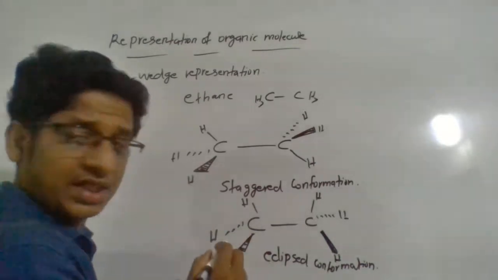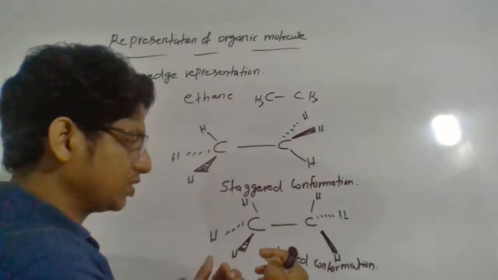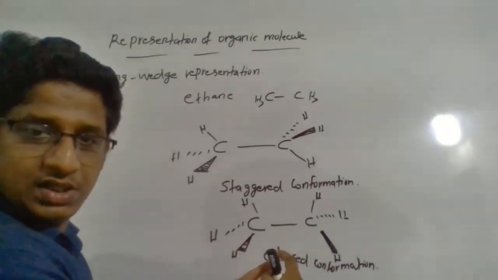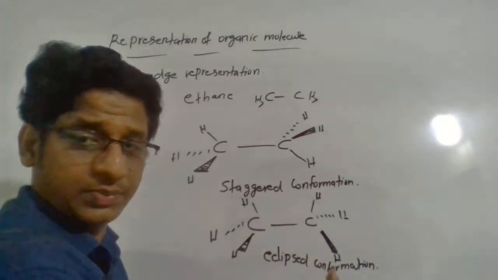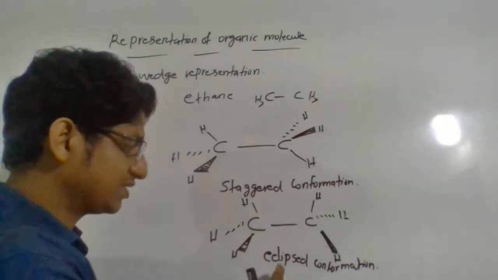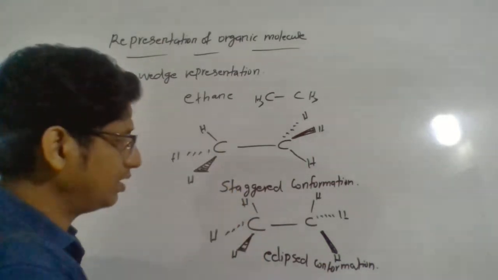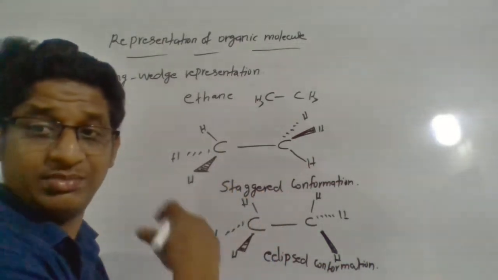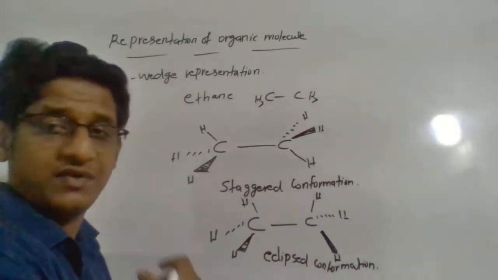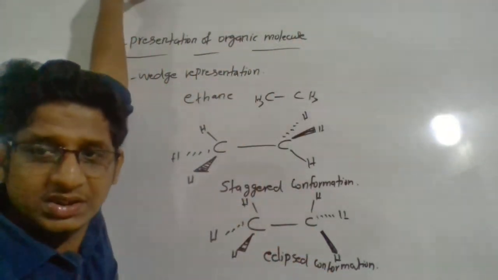In the eclipsed conformation you will see the two hydrogen atoms which are coming towards you are on the same side, which means there is the most possibility of electron-cloud repulsion. So we will say the eclipsed conformation is the least stable, while the staggered conformation is the most stable. In between, infinite conformations are possible.